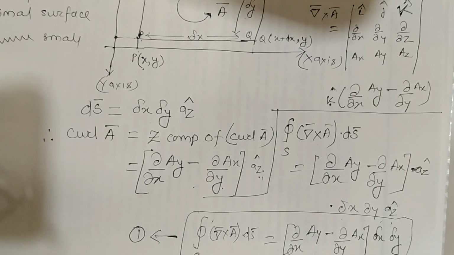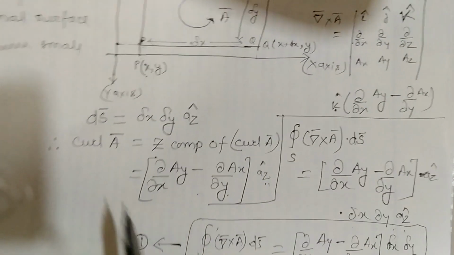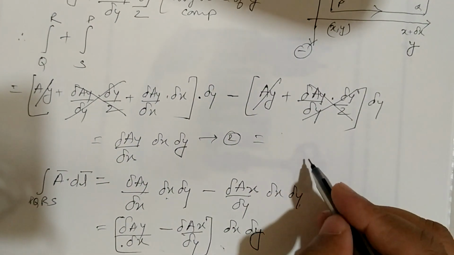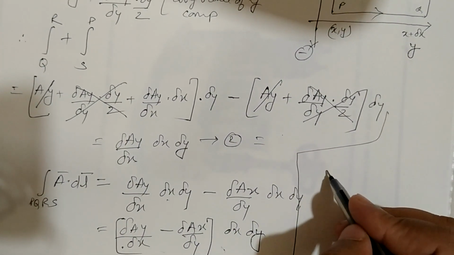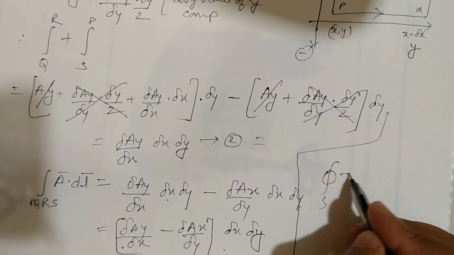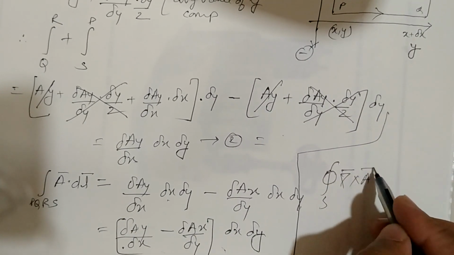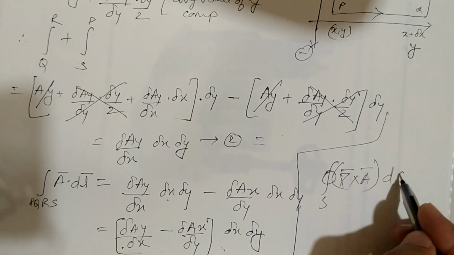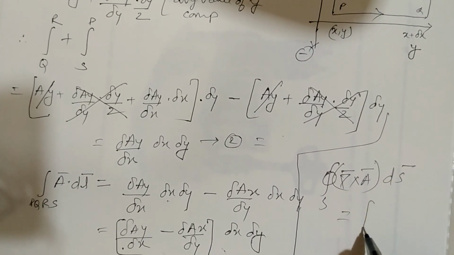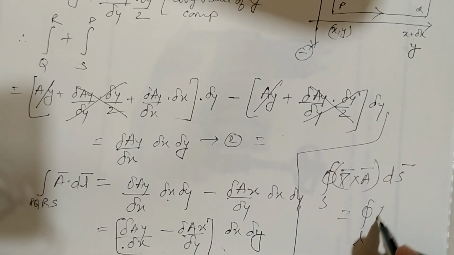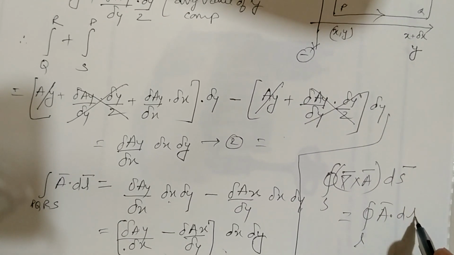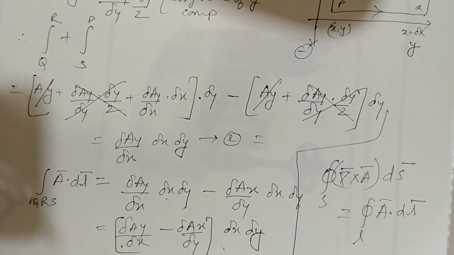And therefore we can say that the surface integral of del bar cross A bar dot ds bar will be equal to the line integral of A bar dot dl bar.